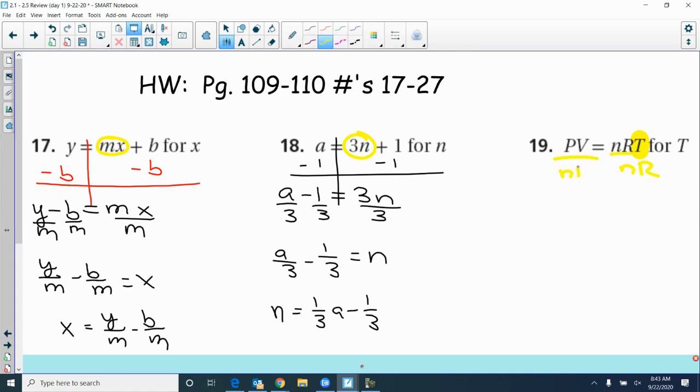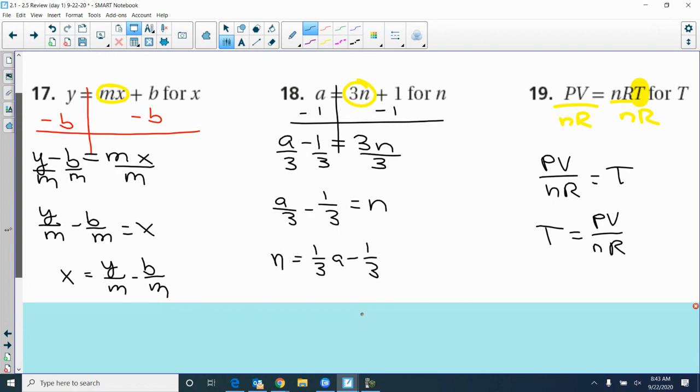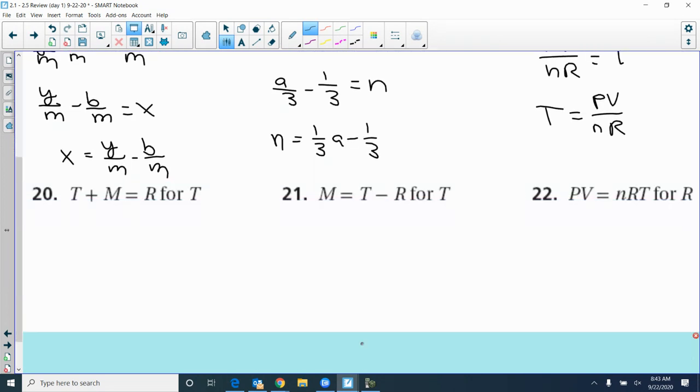And so that gives me PV divided by NR equals T. And I'm going to flip that over. And that's all. This one isn't too bad. There's not a lot to it. Just that one step.